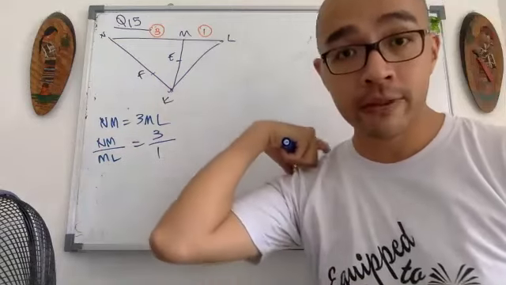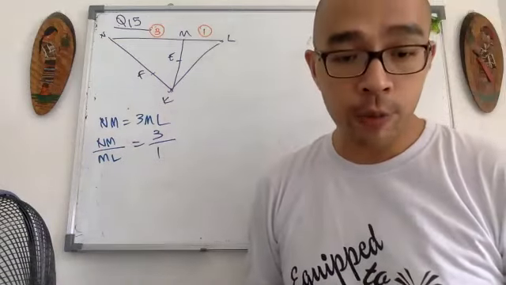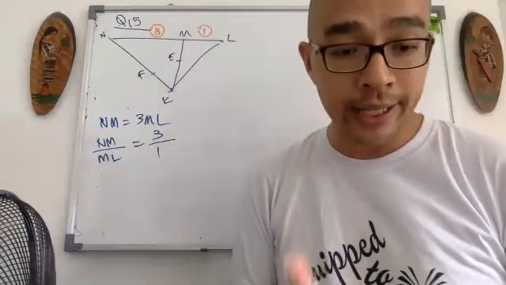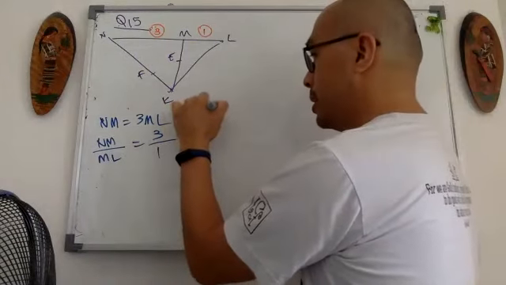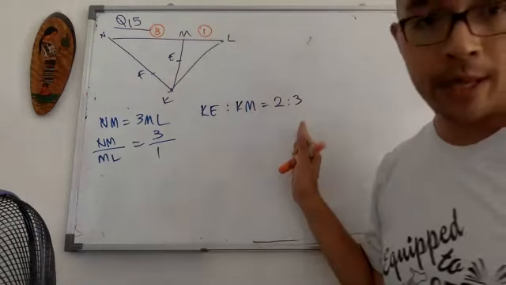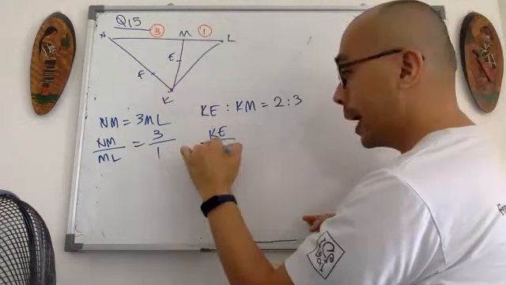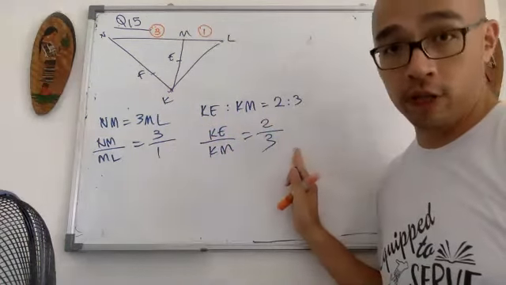Never forget this. Second piece of information: E and F are 2 points on the lines MK and NK respectively, so that KE over KM is 2/3. Another one, KE to KM is 2 nisbah 3. KE over KM is 2/3. We change the ratio to division.